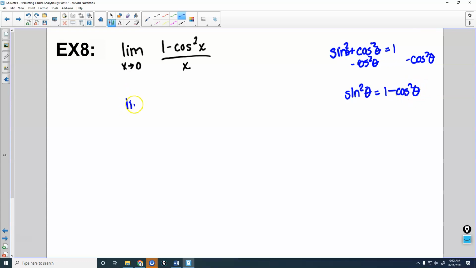So the limit as x approaches 0 of sine squared x over x. Now that kind of looks like sine x over x, but it's not sine x over x because our sine is squared.